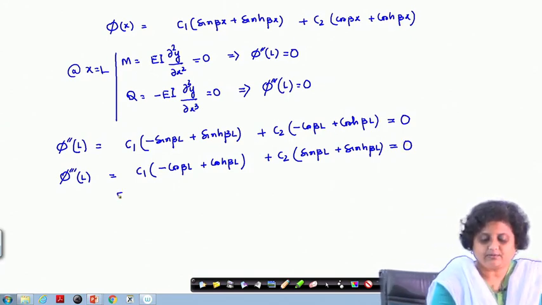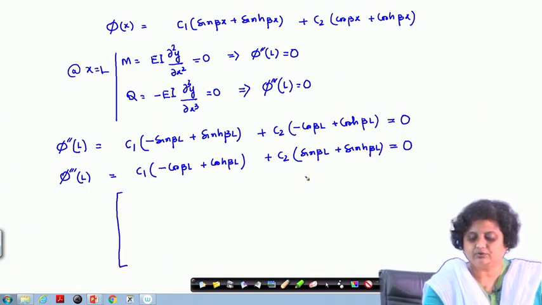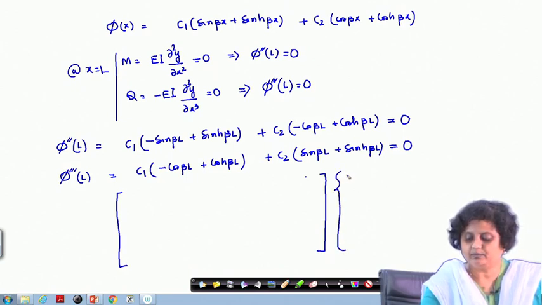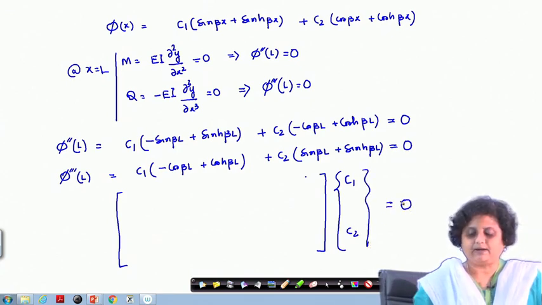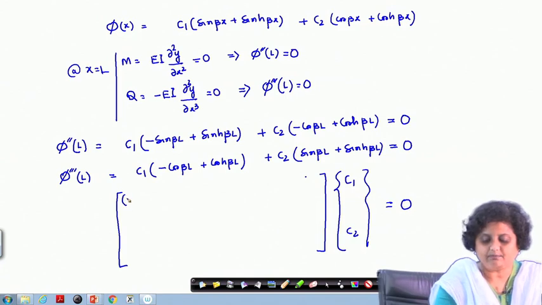So, using the similar logic that we have used earlier, in order for C1 and C2 to be non-trivial, let me first write the above equation in a matrix form. So, I will have minus.